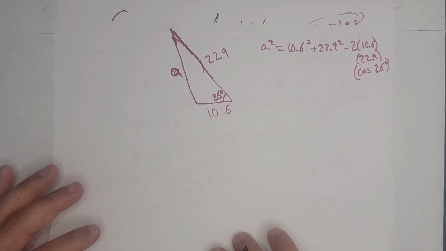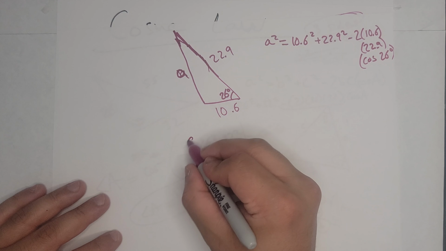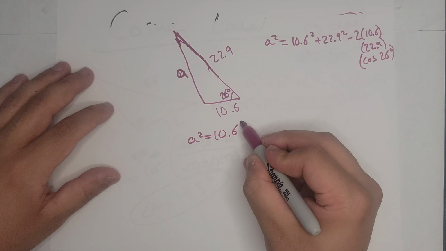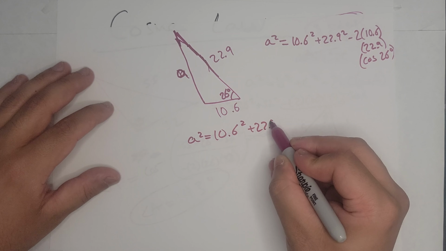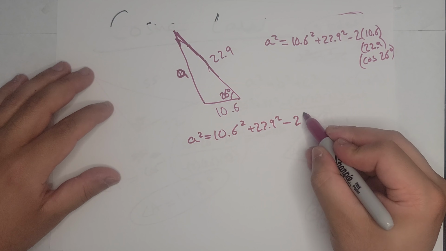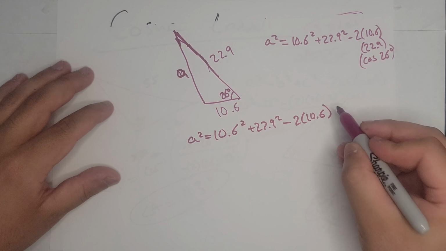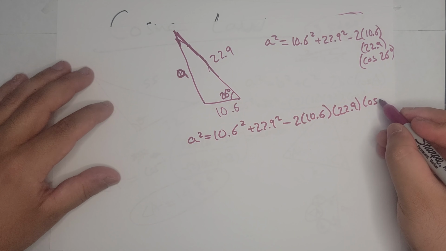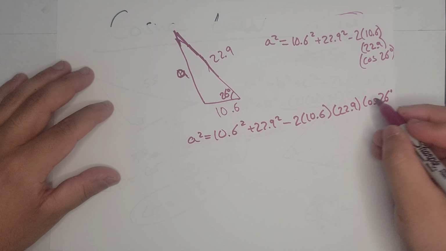Oh no, let me write it back here. A squared equals 10.6 squared plus 22.9 squared minus 2 times 10.6 times 22.9 cos 26 degrees.